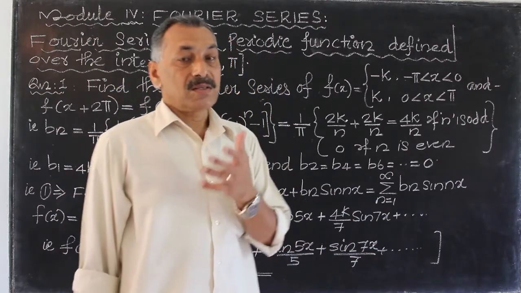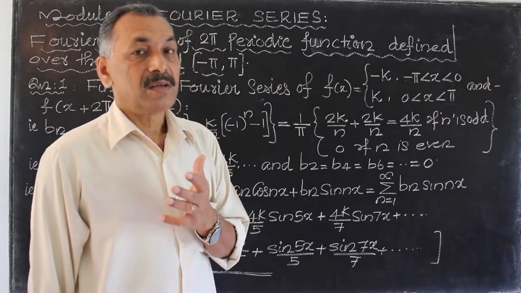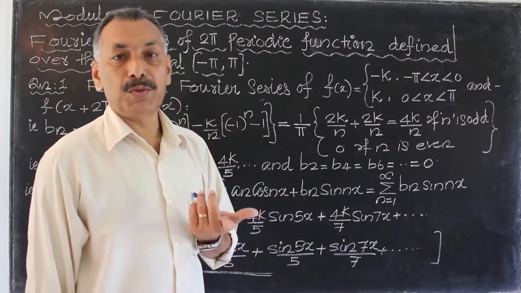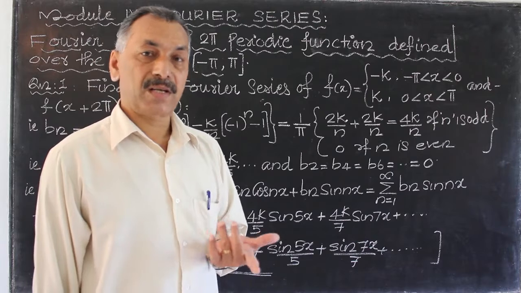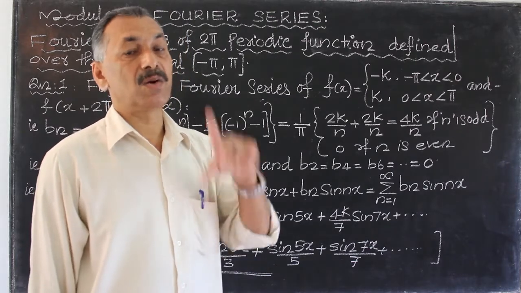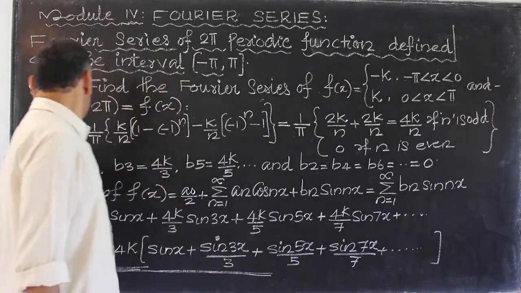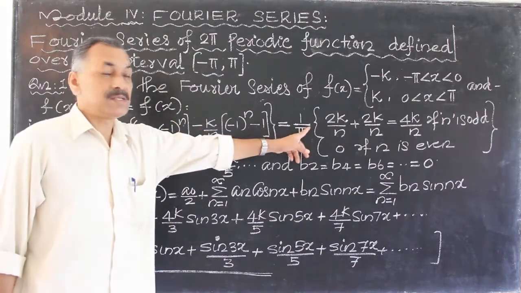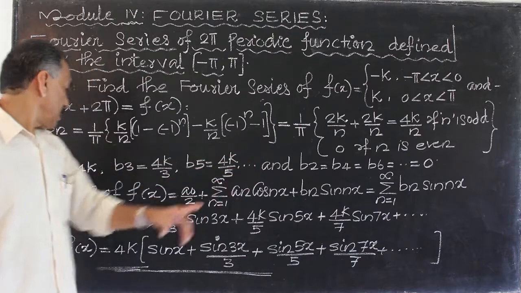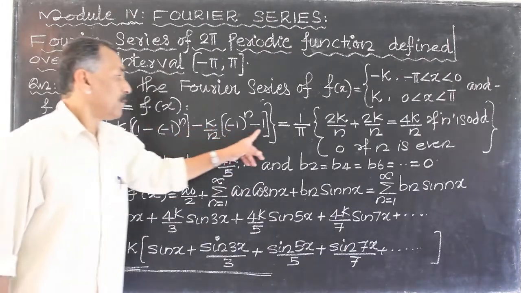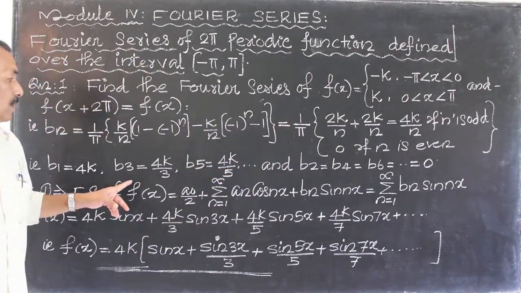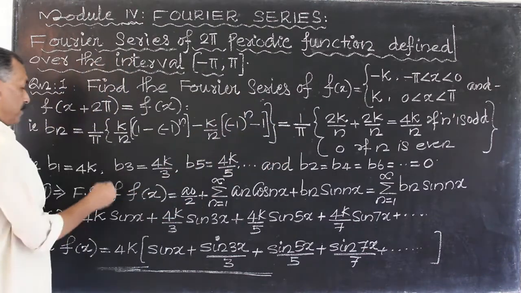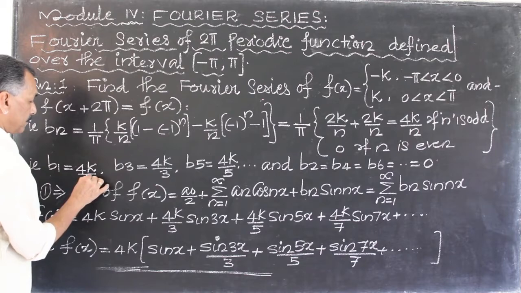Then what is the Fourier series expansion of f(x)? By result 1 we have f of x is equal to a0 by 2 plus sigma an cos nx plus bn sin nx, sigma n is equal to 1 to infinity. And then the result, n is equal to 1, 3, 5, etc. If n is equal to 1, b1 is equal to 1 by pi into 4k by pi.